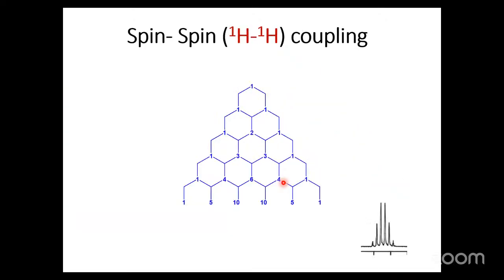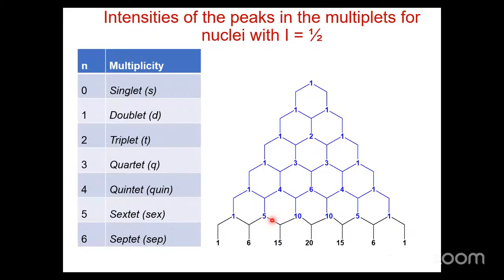And you can use the Pascal triangle to get the intensity when both hydrogens are coupling with each other, right? So for the intensities of the peaks in a multiplet for a nucleus with I equal to 1/2, you can draw a Pascal triangle and get the intensity. This is for when both interacting nuclei have the same spin.